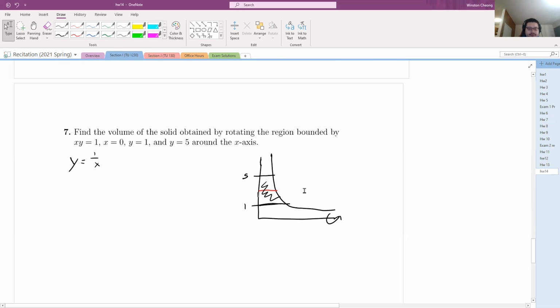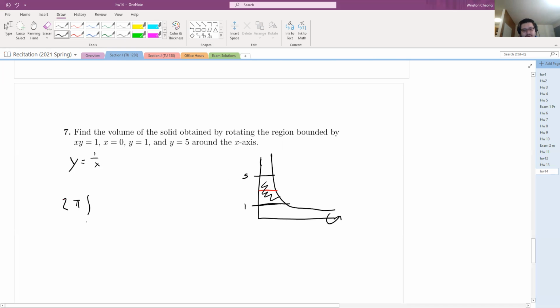Right. But in order to do this, I actually don't want to think about this as a function of x. The way that it's written, y is equal to 1 over x, is as a function of x. But here, this line is varying over the y-axis. So I actually want the integral to be in terms of y. We can already fill out part of the integral in this way.